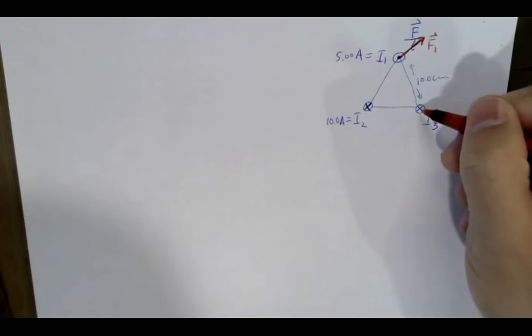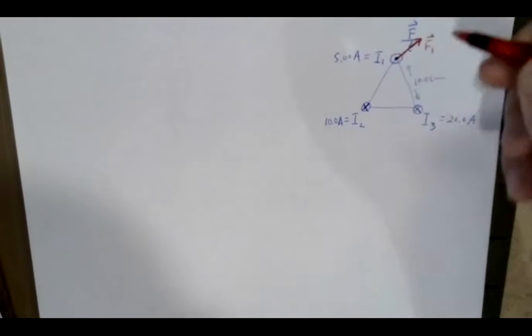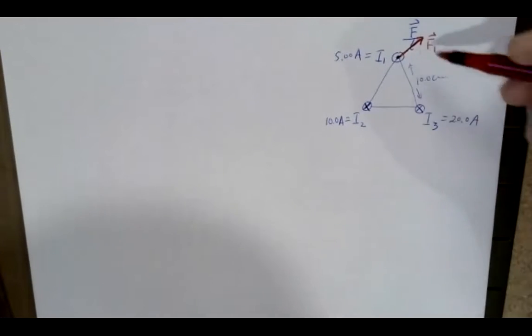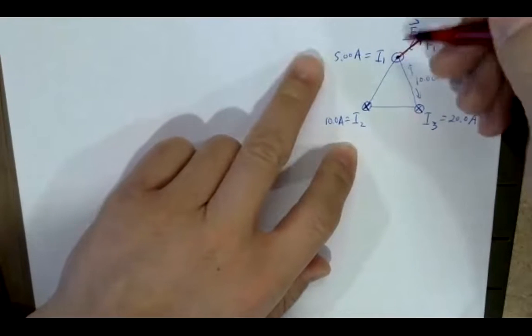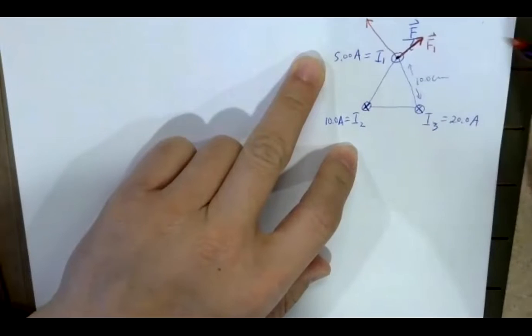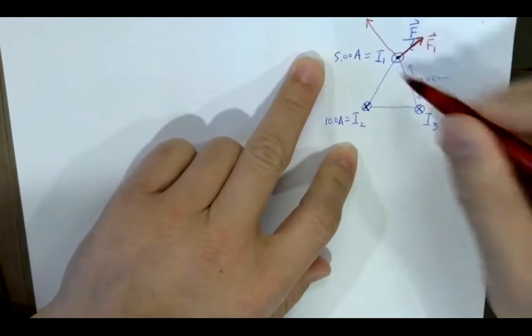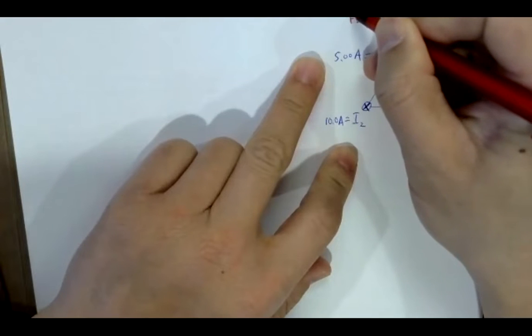Okay, and then the magnetic force by this wire on this wire will also be a repulsive force because one goes in, this one goes out. They are in the opposite direction. So you have another force there. This is 20, so this would be about twice as big as this one. Okay, so F2.